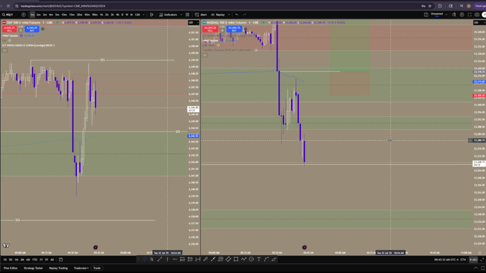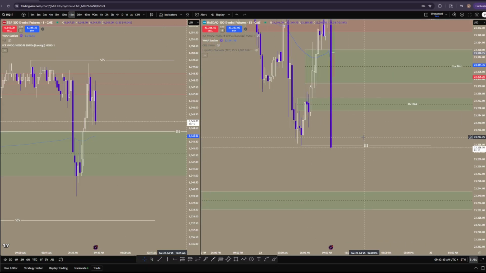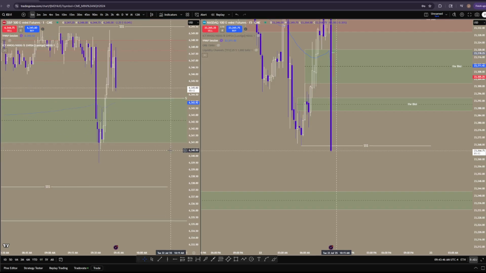So I'd say currently we look more bearish than we do bullish. Sellers definitely trying to take control of the market. We did just take out that internal low there, so big SMT there.